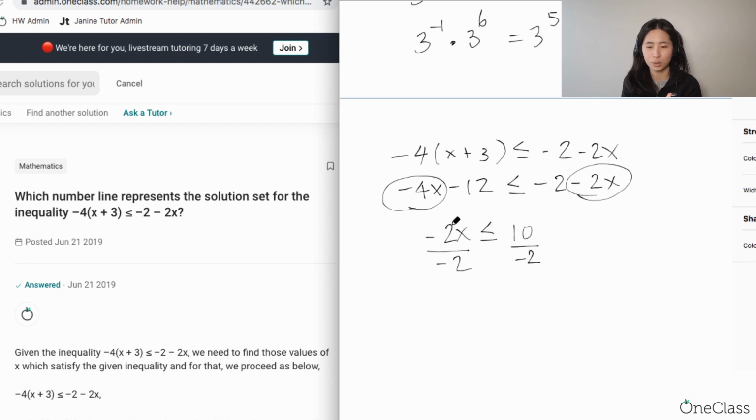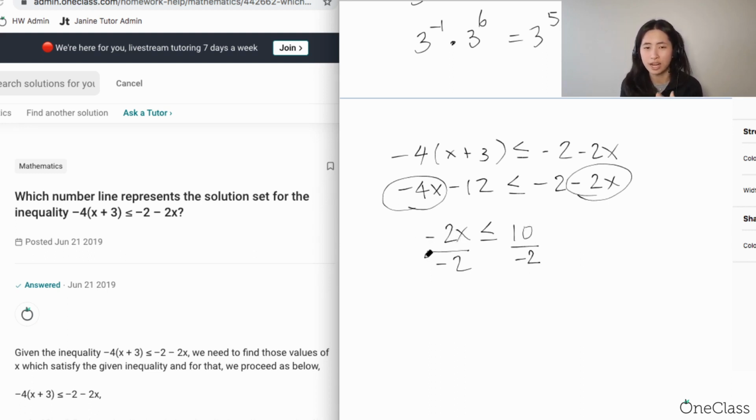If you're dividing an inequality by a negative coefficient, and I'm just talking about the coefficient, it doesn't mean that the other side needs to be negative.